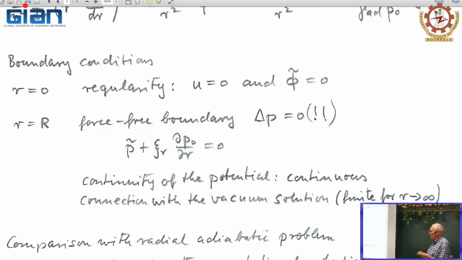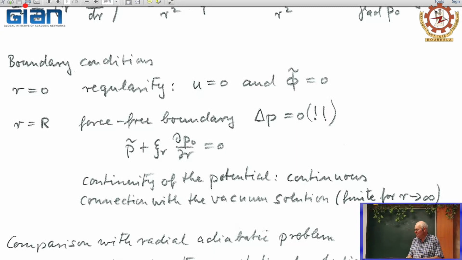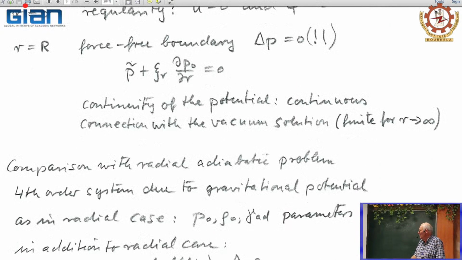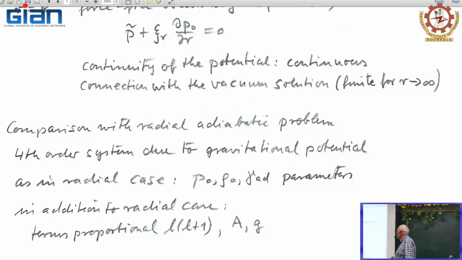So we have 4 boundary conditions again, 2 at the center, 2 at the surface, and we end up with a fourth order linear non-radial perturbation problem. Comparing these equations now with the radial adiabatic problem, of course, it's fourth order due to the gravitational potential. This is known.